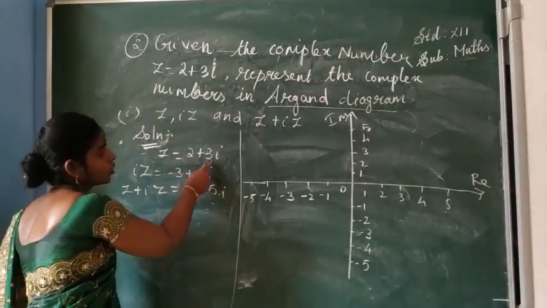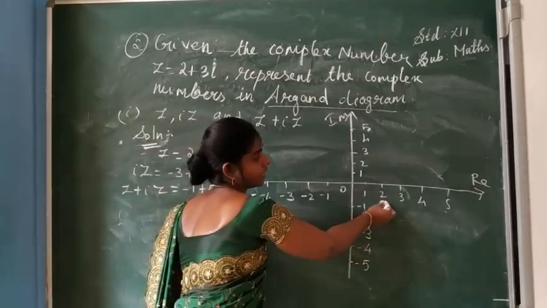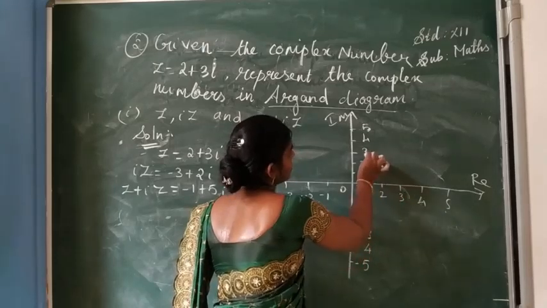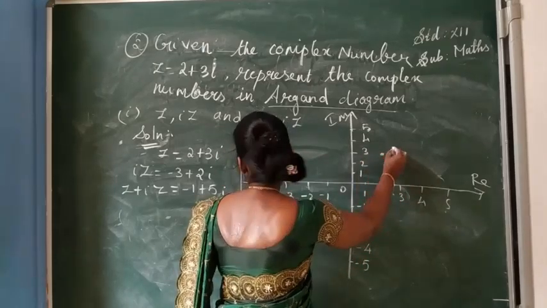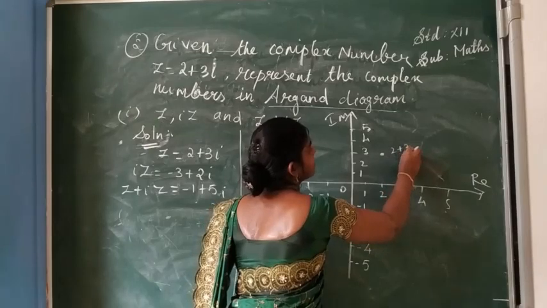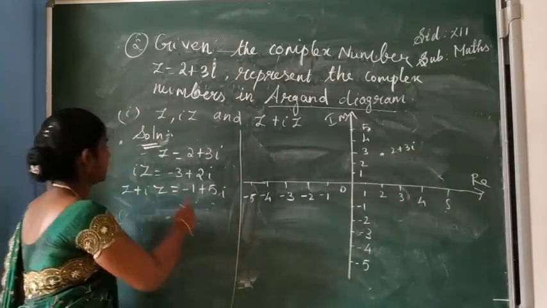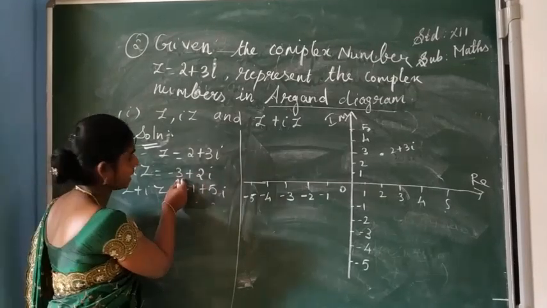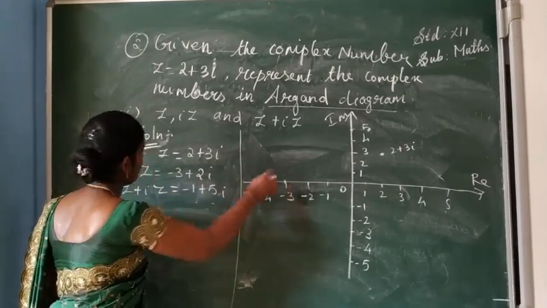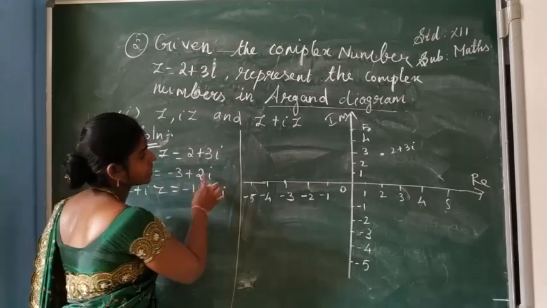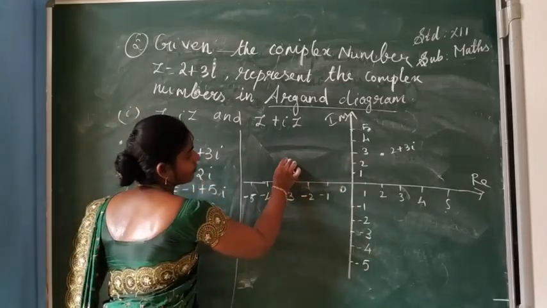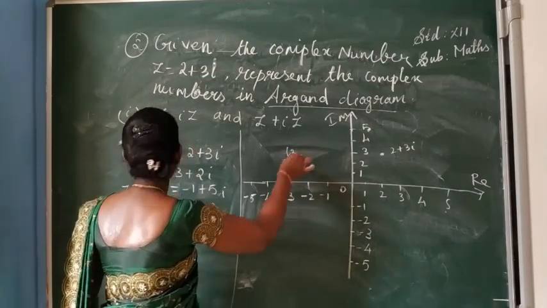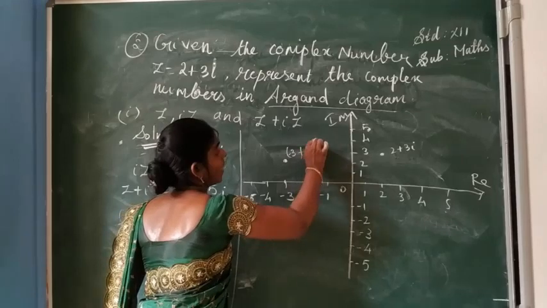So Z equal to 2 plus 3I. 2 in the real part and 3 in the imaginary part. So 2, here 3. So 2 plus 3I. So next is I Z, the value is minus 3 plus 2I. Minus 3 in the real part. So minus 3 here. 2 in the imaginary part. So this place. So minus 3 comma plus 2I.